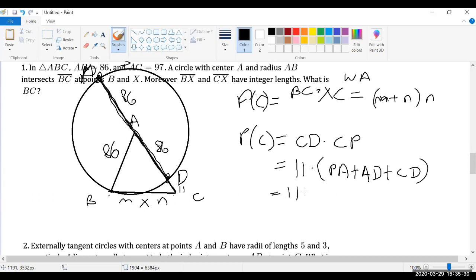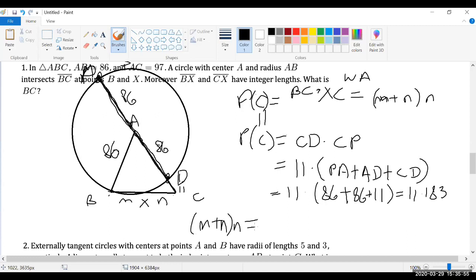And that's 11 times 86 plus 86 plus 11, which is 11 times 183. Okay, so now we have that these two powers have to be the same. So we know that M plus N times N equals 11 times 183.